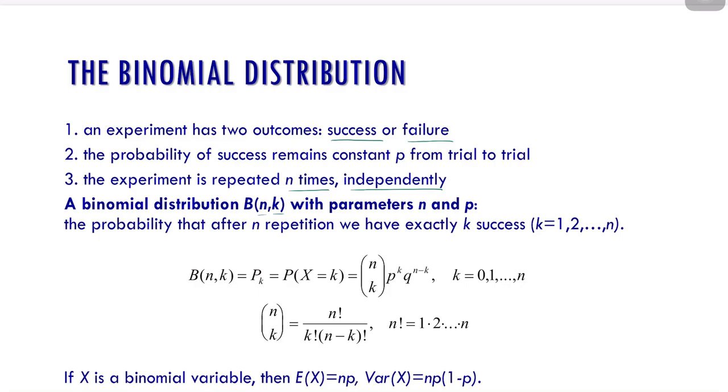Usually we care about success and we use k for the success, not for failure. With the last lecture's method, we can find a new formula: b for the binomial distribution of n and k is equal to P(X = k), the probability of k.